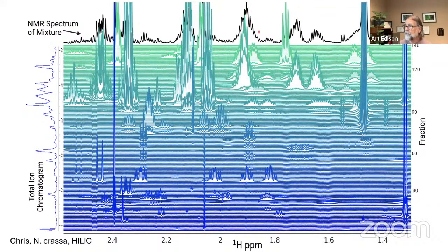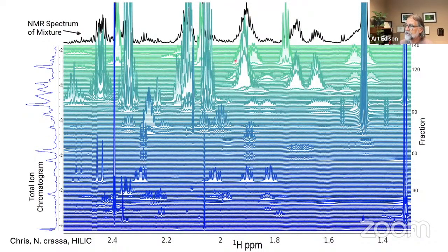We could deconvolute all of these peaks by SAND, and Chris has done that. In fact, he has this whole fraction library SANDed as well. I think we're looking at the Fourier transform version of it here. But you look at that peak, and you really have no idea without doing 2D or some other method to know what's going on behind that.